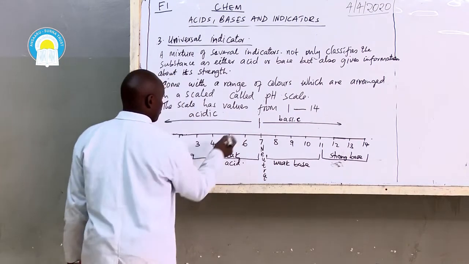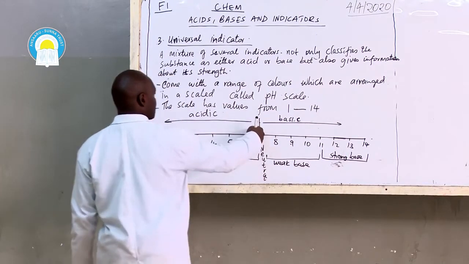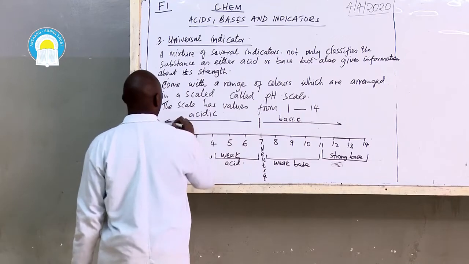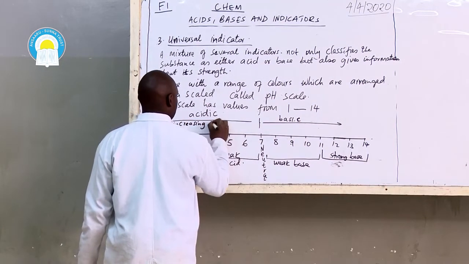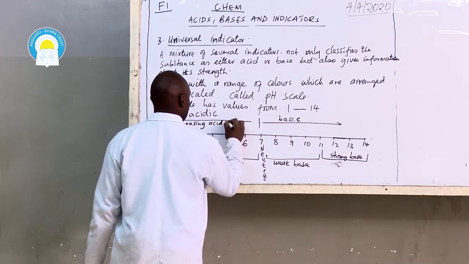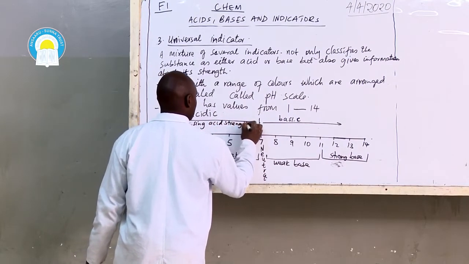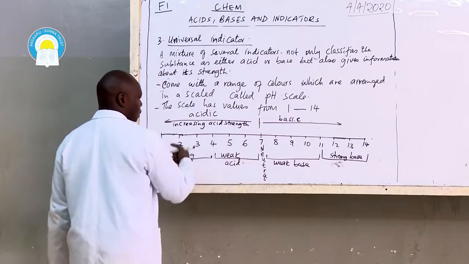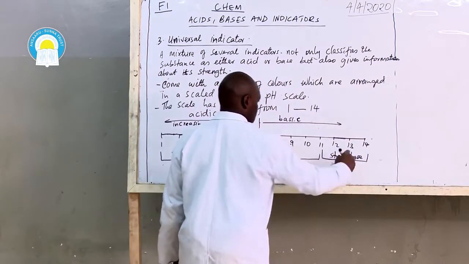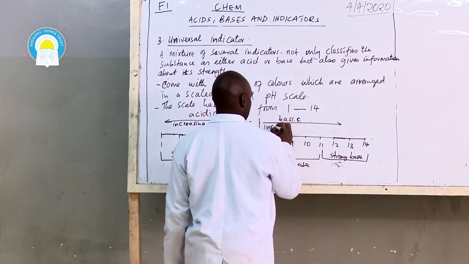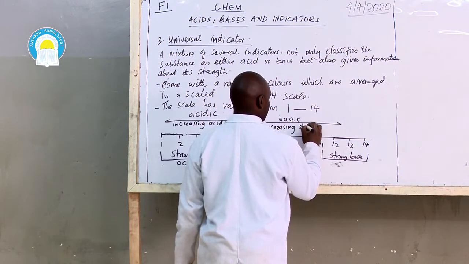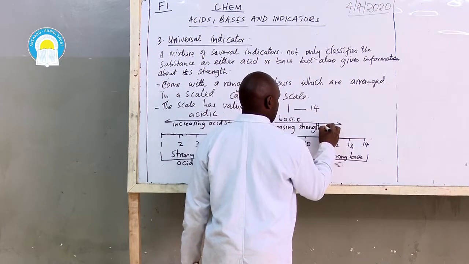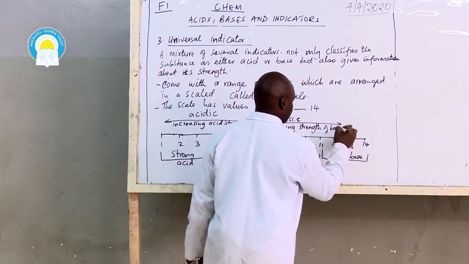So when I'm coming from pH 7 going towards 1, I'll be increasing acid strength, because this is weak and this is strong. Weak, strong base, so increasing strength of base.